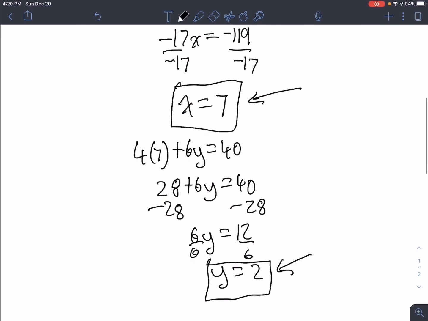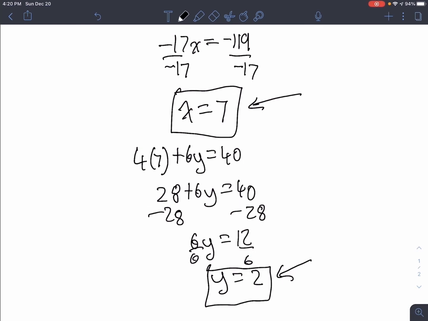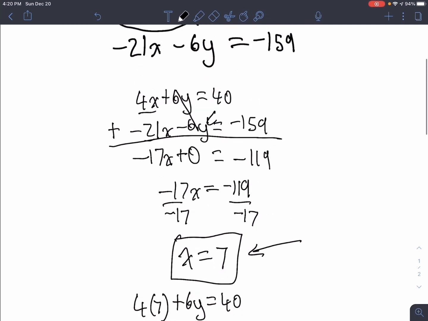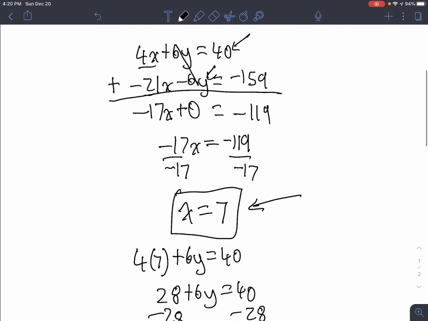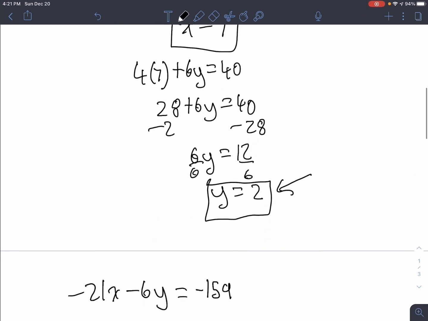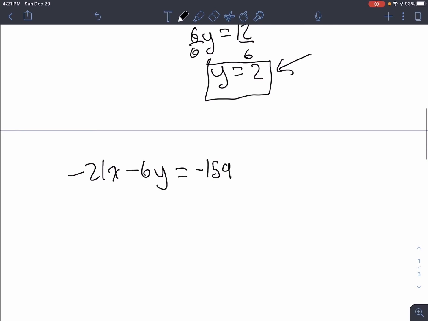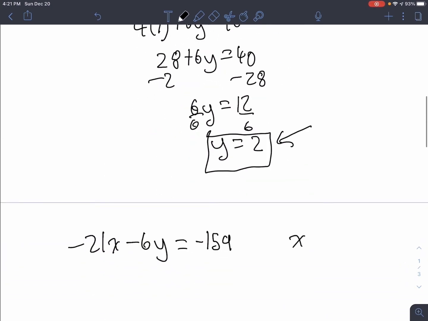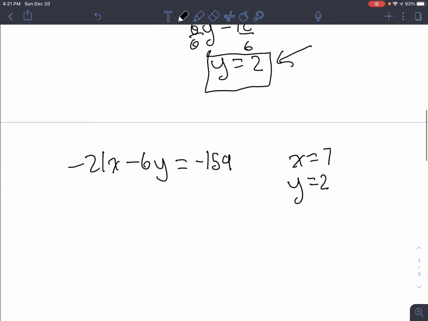Let's make sure our answers to these equations are right by plugging them back into the problem. Since we used the first equation to solve for y, let's plug them into the second equation. So negative 21x minus 6y equals negative 159. I just copied this equation down here so it's easier to read. So we can plug in the values of x equals 7 and y equals 2 into this equation.